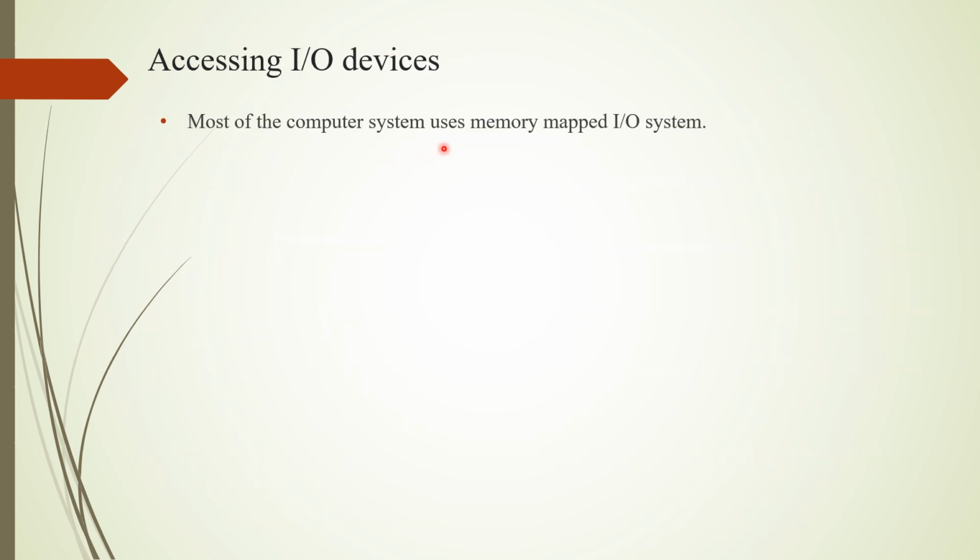Most computer systems use the memory mapped IO system. Some processors have special instructions to transfer the data between IO devices, and we call these instructions in and out instructions, which are mainly used to perform IO transfer.